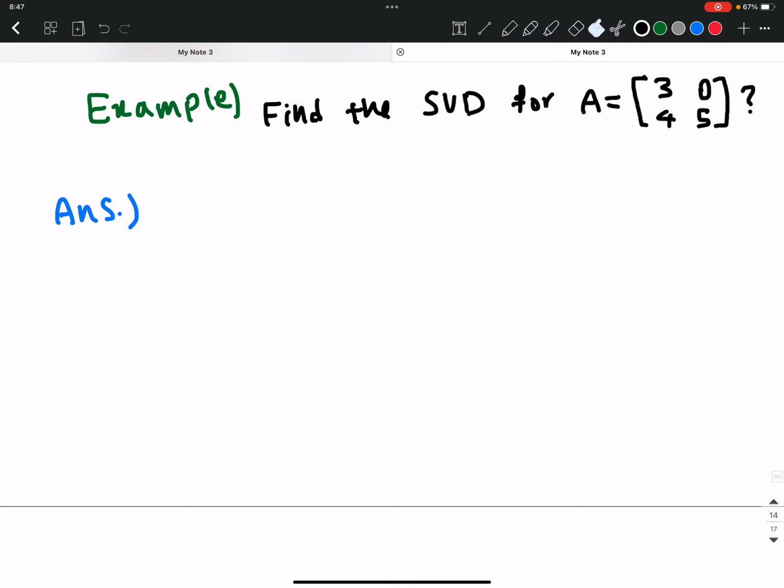So the first thing I want to do for SVD is to find the eigenvalues.